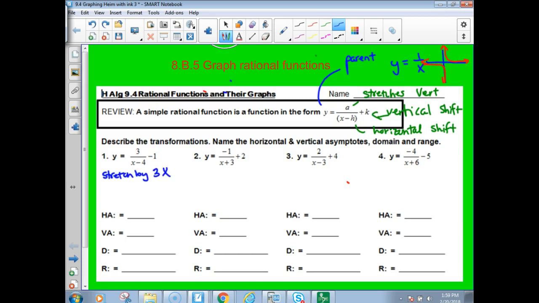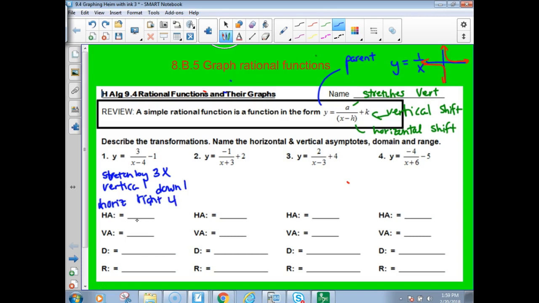And then it would be a vertical shift down 1 and a horizontal shift. What's it going to be, right or left? Okay, right 4. I just thought for good practice we might describe those.